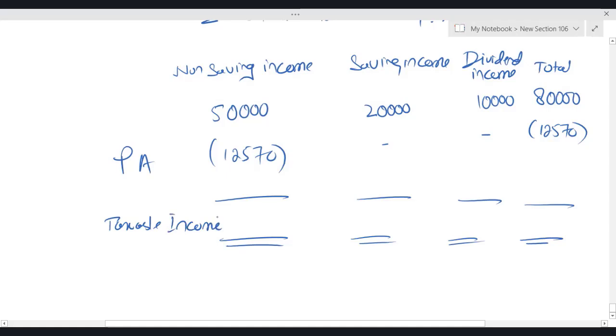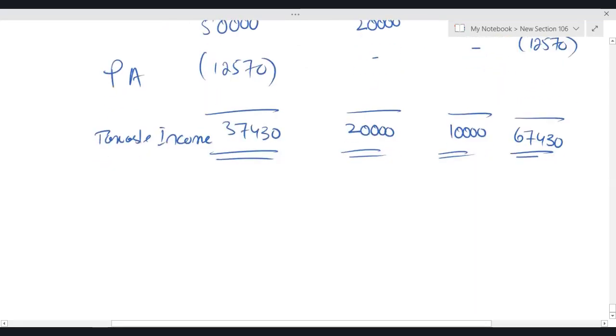So 50,000 minus 12,570. I'm getting 37,430. Obviously, first we have to tax non-saving.